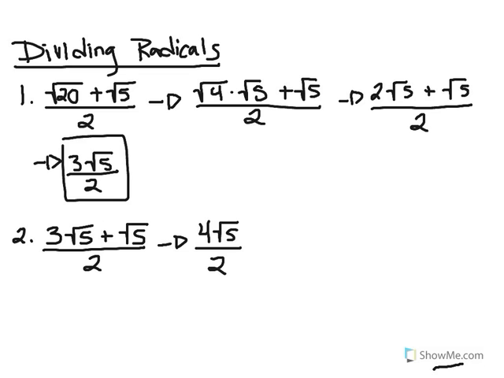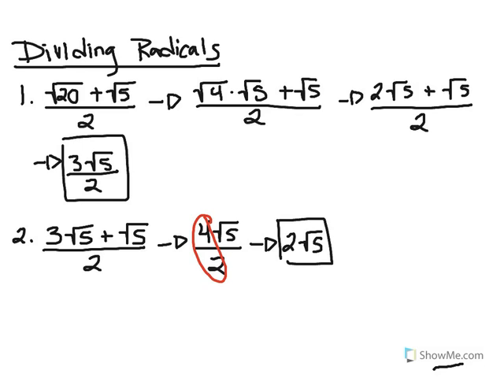And just as I mentioned before, if these numbers here can be reduced, we are going to do that. So 2 goes into both 4 and 2, so this becomes 2 square roots of 5 over 1, but of course we never write the over 1 part. So I'm going to take those away, and that's my final answer.